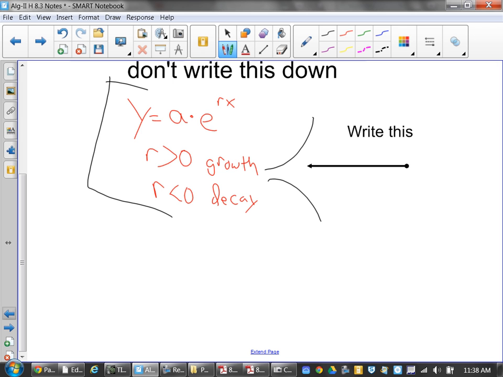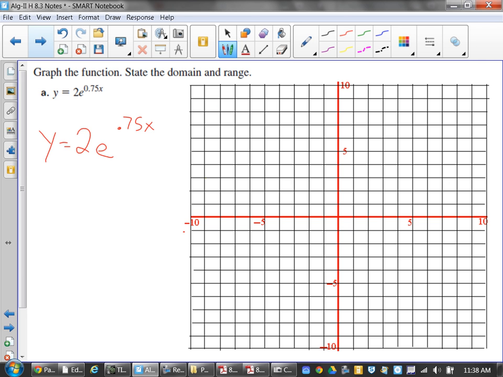What do you do with r? Oh, you just put that all in your calculator, including the r? Yeah, let me show you. Because your rate values are going to be given. For example, something like this. If I have y equals 2 times e to the 0.75x, I know right off the bat that my a value is 2.